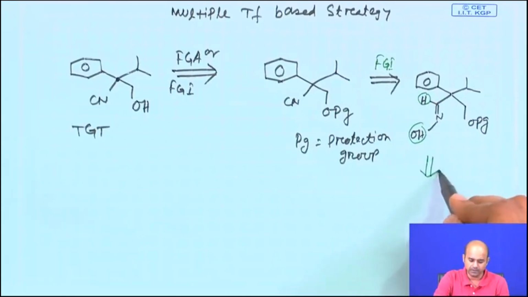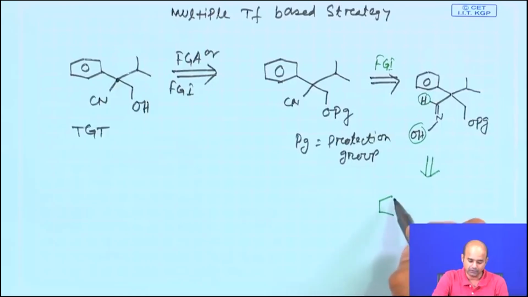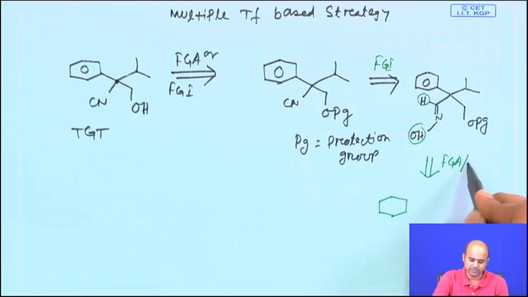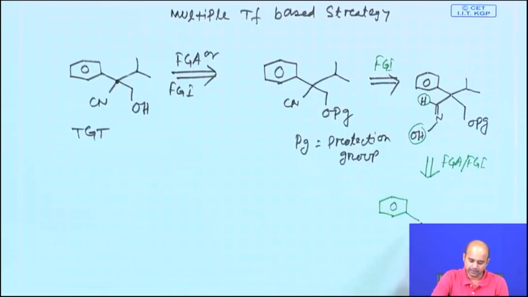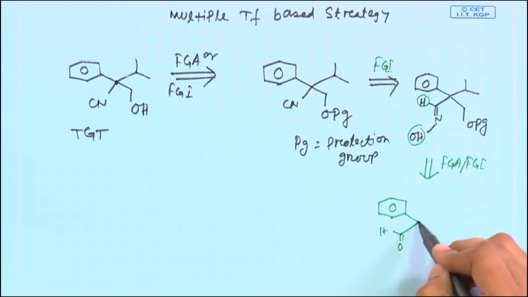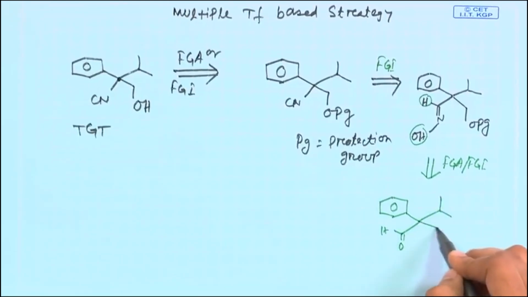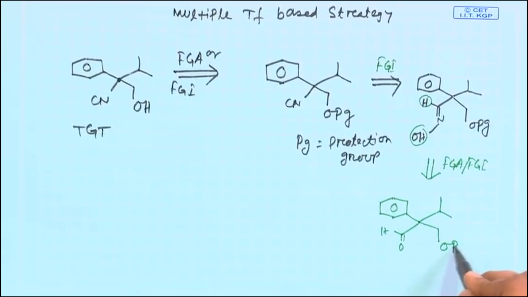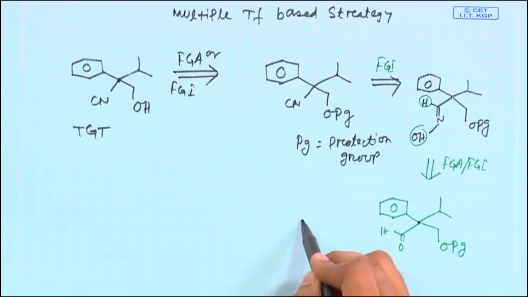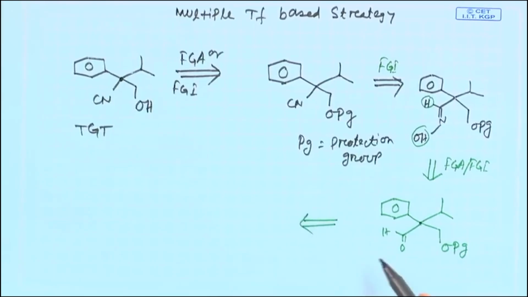Now, aldoxime means you need to have an aldehyde, otherwise you will not get the aldoxime. So, this is again an FGA or FGI to come back to the parent aldehyde, CHO, this isopropyl remains similar and this group is protected with a suitable protecting group. So, we are here. Okay. Now, this carbon is an all carbon quaternary carbon.